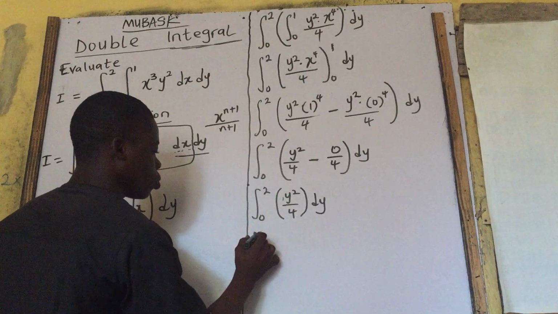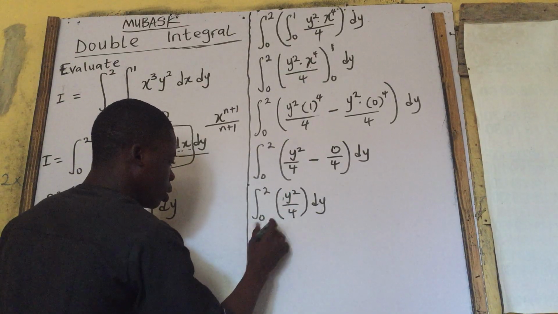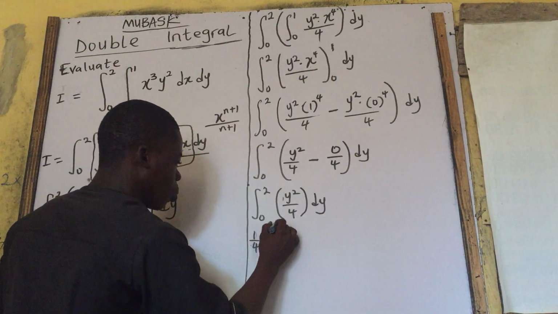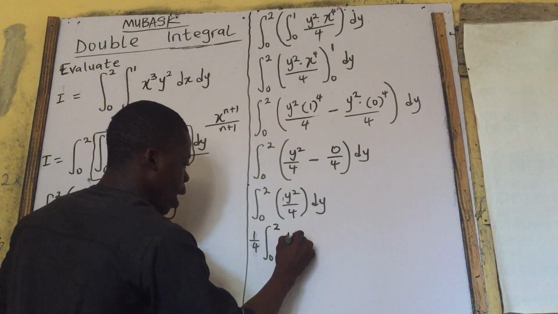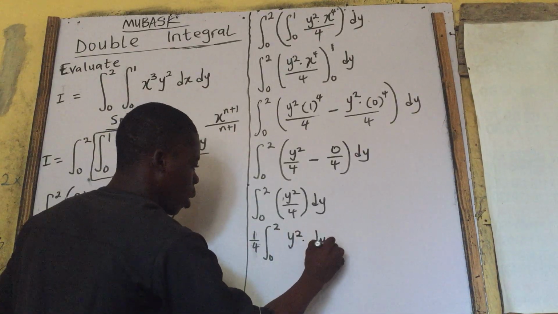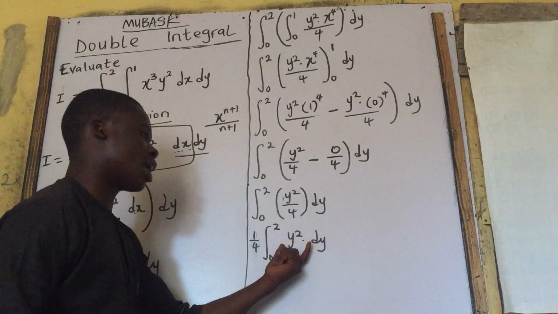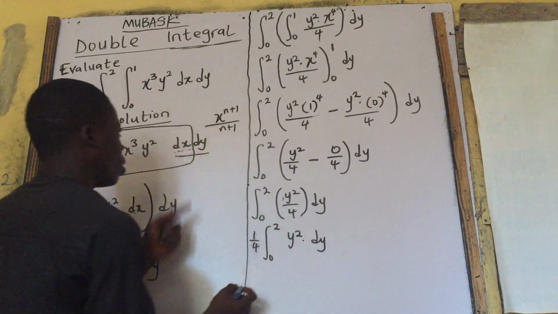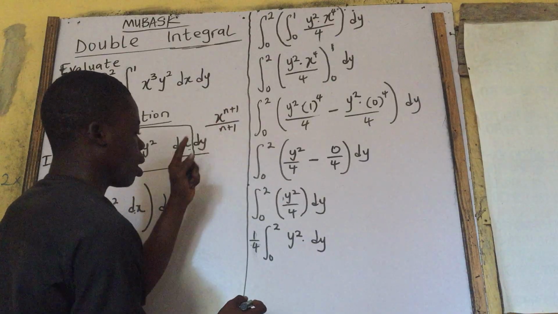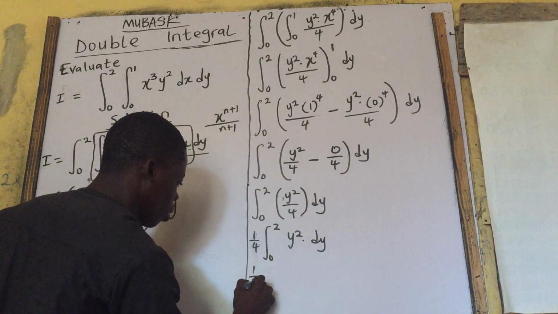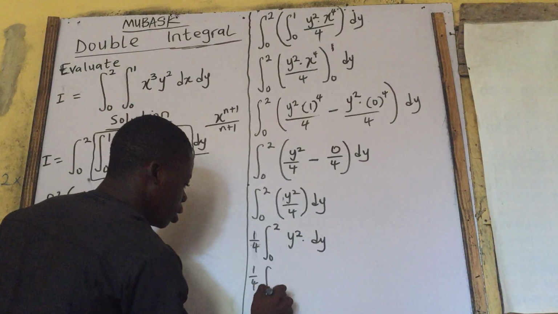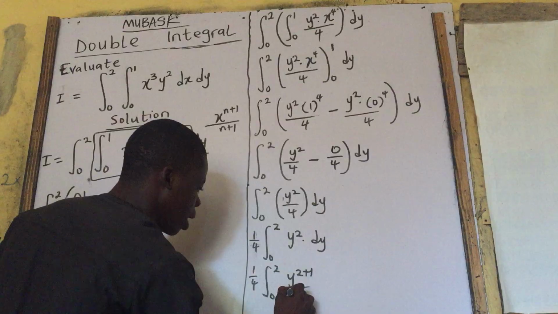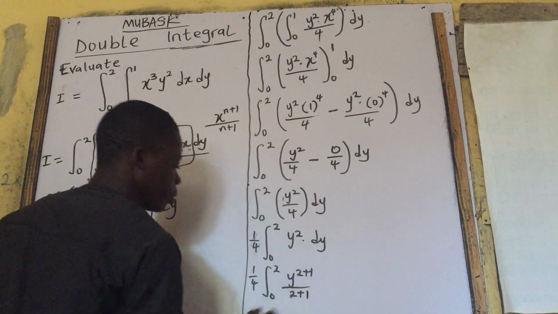So we factorize 1 over 4 integral from 0 to 2 of y square dy. Since we have factorized the constant term, it will be easy using the general formula for integration: 1 over 4 integral from 0 to 2 of y raised to power 2 plus 1 divided by 2 plus 1.